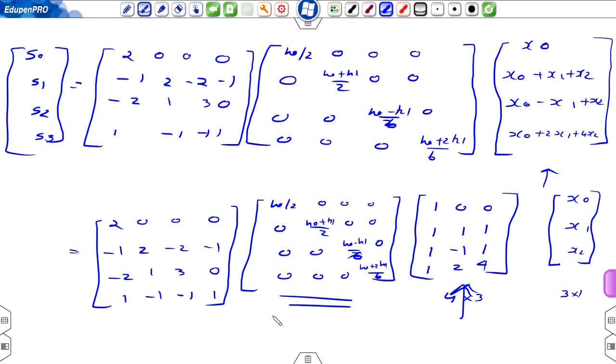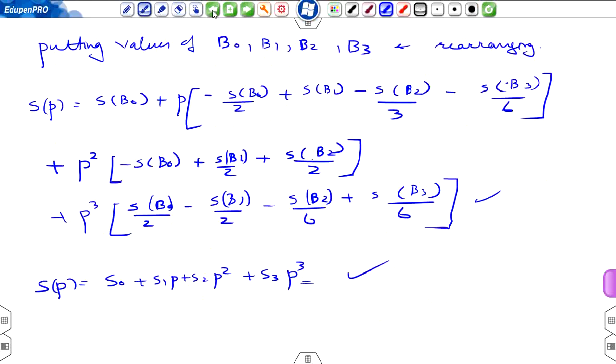This will be pre-computed. These are constant coefficients, so this can be pre-computed, and this is a post addition matrix that will add these calculated terms.